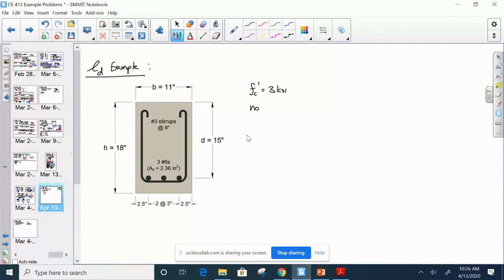We know that this is normal weight concrete. And so because it's normal weight concrete, we know that lambda is 1.0. And then we know that Fy is 60 KSI. Again, I think you're going to find this is really, really simple.